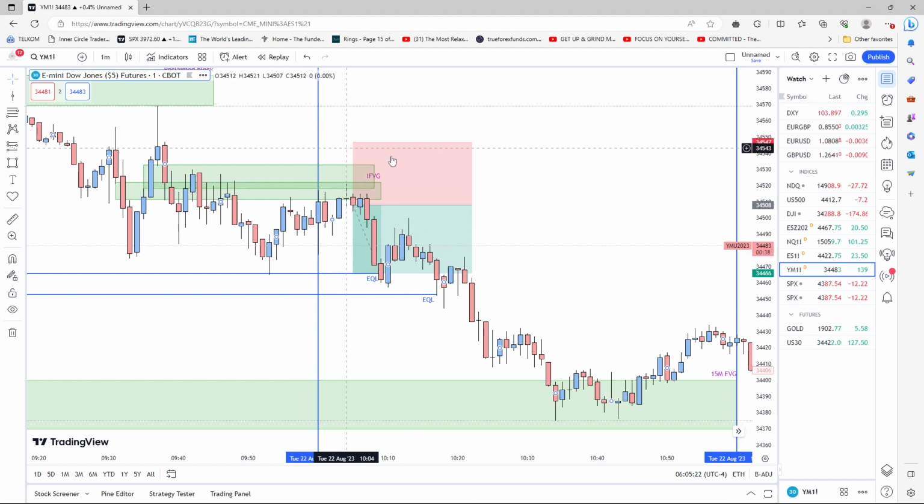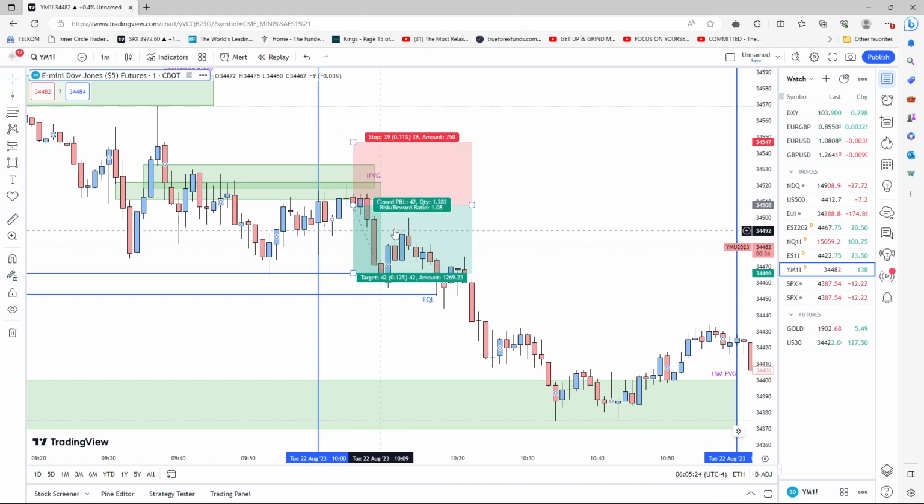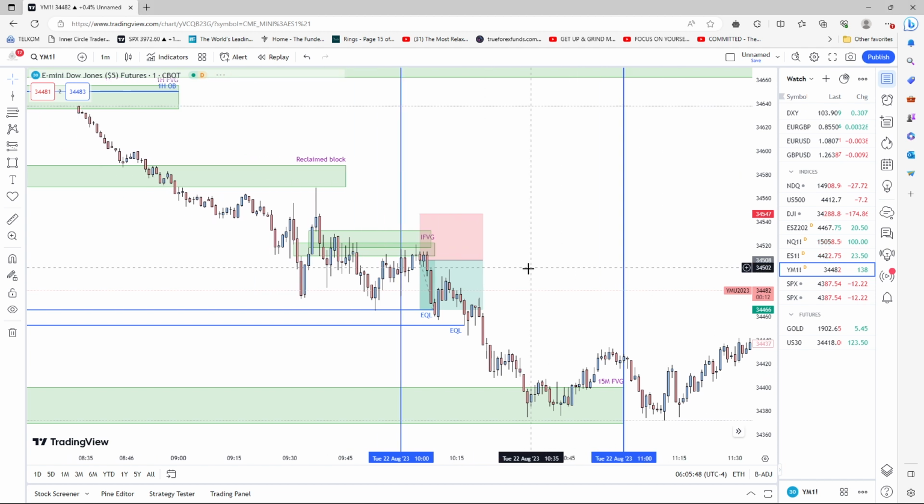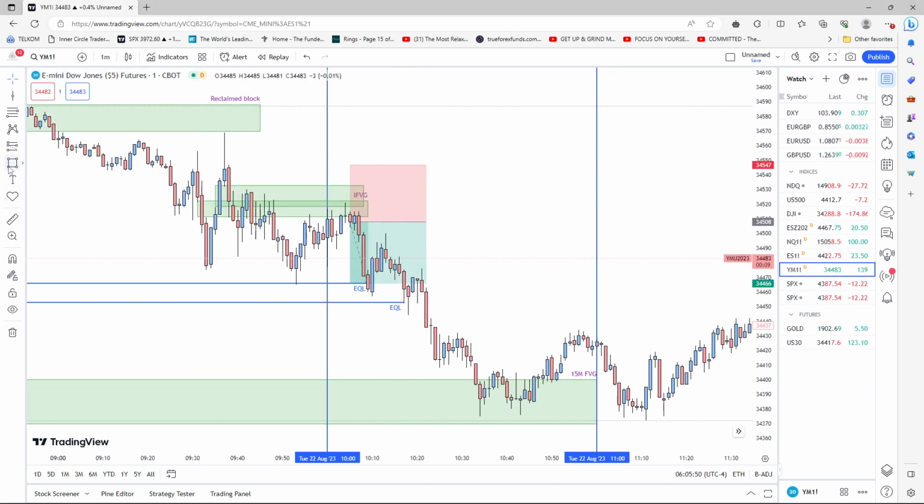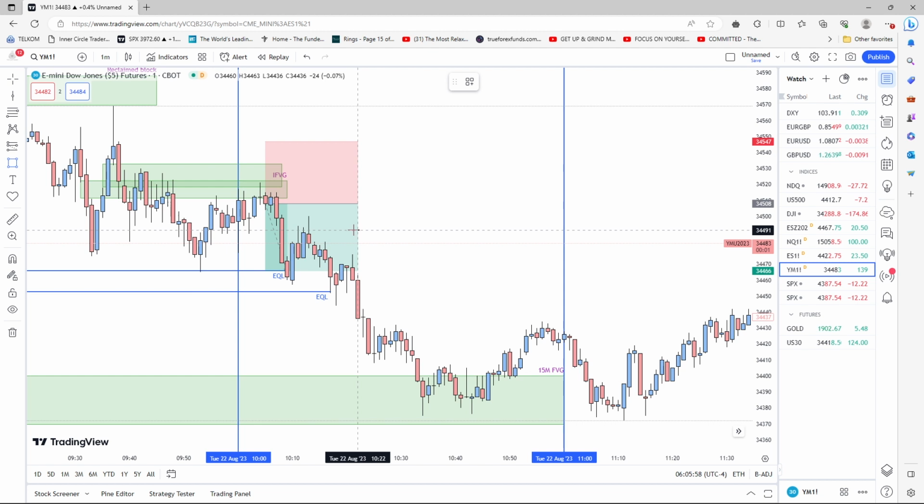All right, so that would be a first idea of how you would be looking at that. So that would be your first target. Then you would go over to managing the position, which you would be trading up into. There's a tiny fair value gap right there.